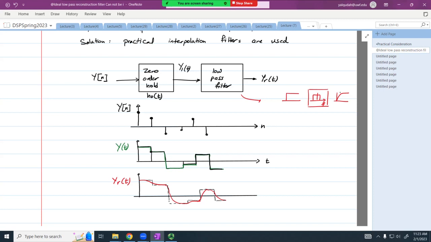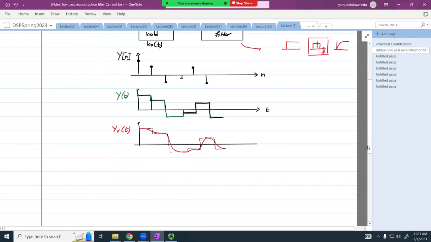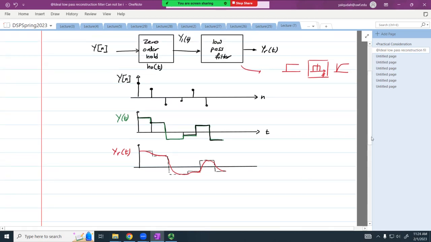Okay. What does this zero order hold look like? What is the impulse response of the zero order hold? Anybody want to guess? For the zero order hold, I send an impulse and I get a fixed value, isn't it?